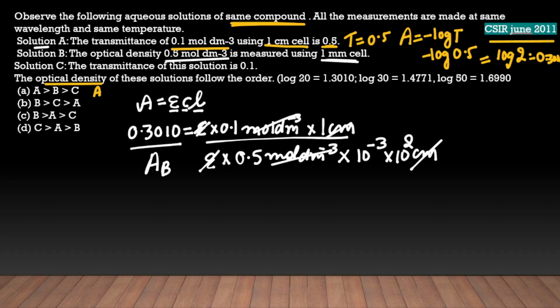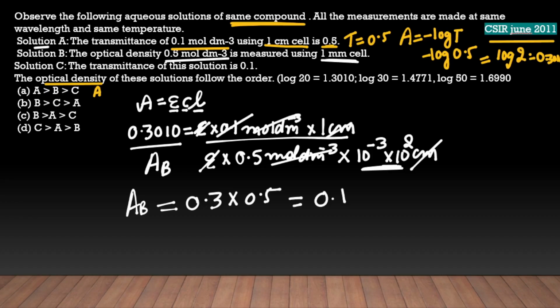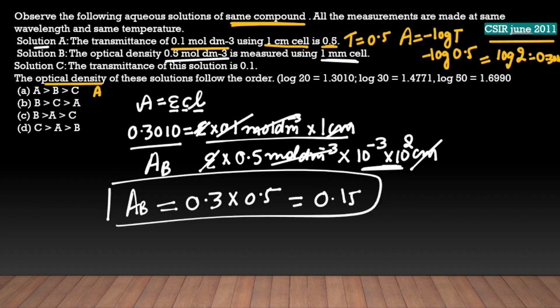This value will be 10 raised to the power of minus 1, and that will cancel out. So the absorbance of solution B is equal to 0.3 times 0.5, which comes out to be 0.15. This is the absorbance of solution B.